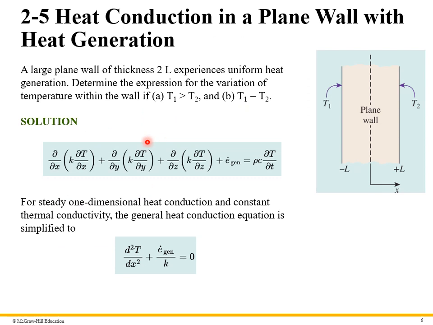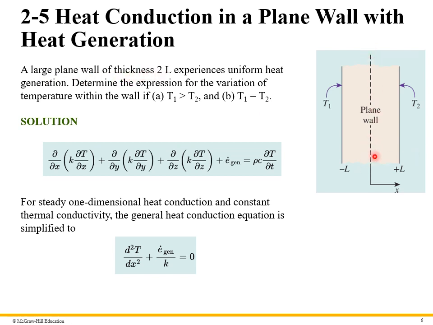So let's go back to what we studied in the previous sections of the textbook. We looked at the general equation for three-dimensional heat transfer, where you have E dot gen generated inside the wall. Let's work this out for a special situation. Let's look at a large plane wall of thickness 2L.